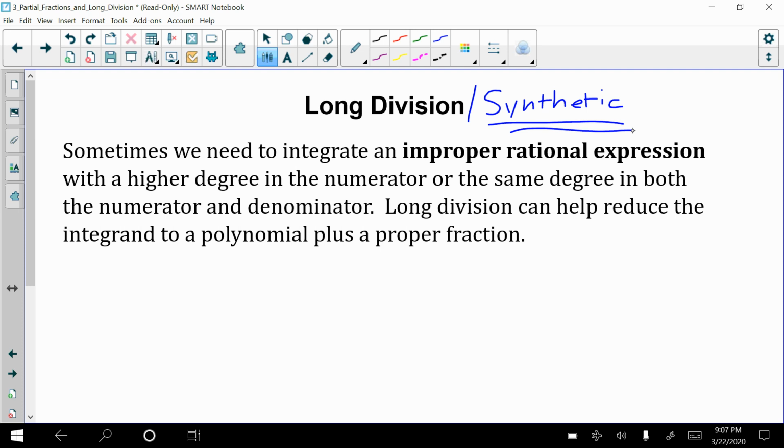Synthetic division can only be done when your divisor is a first degree polynomial. So make sure that if you're not familiar with long or synthetic division or polynomial division in general, you may want to go back to your pre-cal material and look that back up and see how you did it then. Or you can just kind of follow along, and hopefully the examples that we'll look at will be enough of a refresher for you.